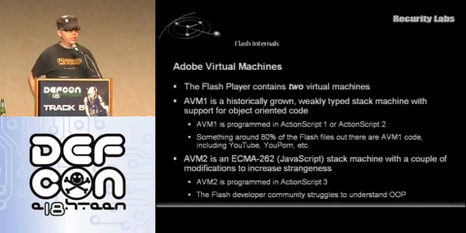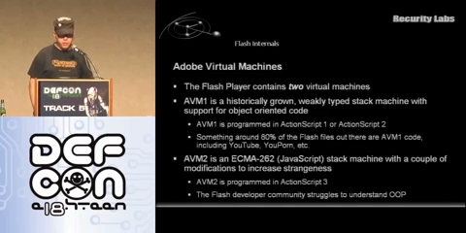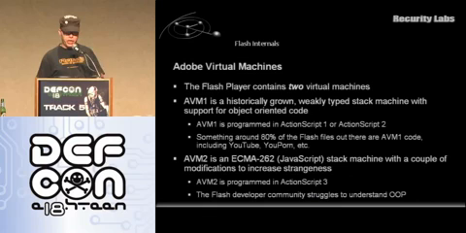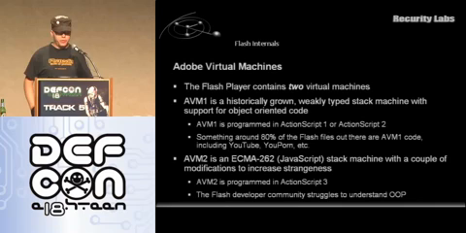Let me tell you a little bit about the Adobe virtual machines within Flash. This is fun, and also a history lesson on how to not do stuff. So the Flash player actually contains two virtual machines, completely independent. They're respectively called AVM1 and 2.